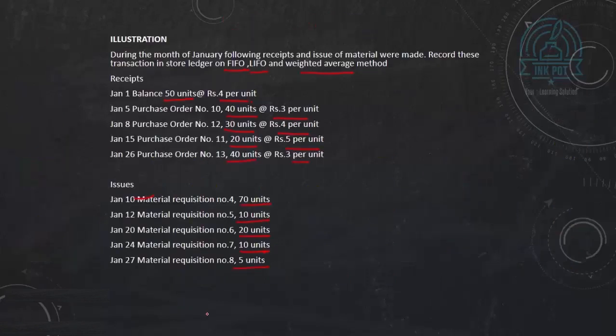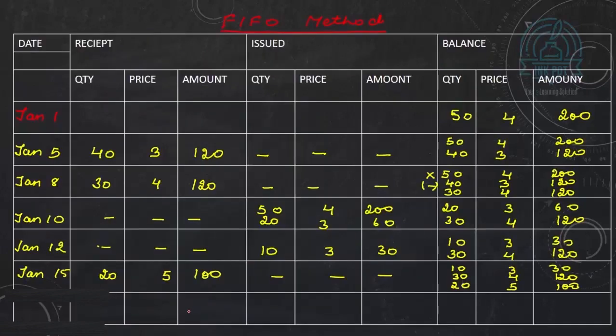Now next entry, it is on Jan 20, 20 units issued, and on Jan 24 we have 10 units issued. So Jan 20, how many units were issued?